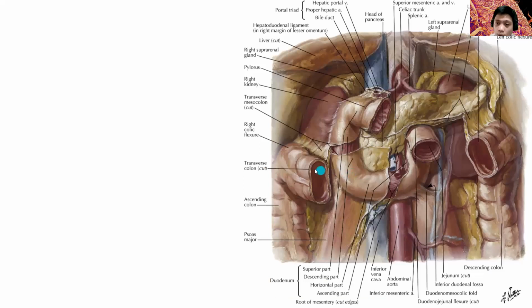So now, what I want to emphasize here would be the anatomy of your small intestines. In this image, the stomach has been cut out, and what is left for us to observe is the duodenum, which is this one. The duodenum is already the first part of the small intestines.